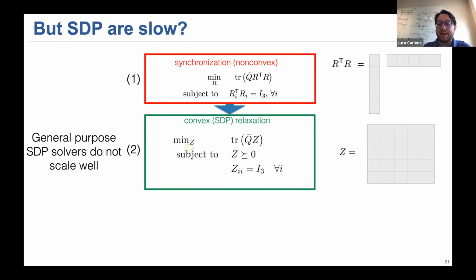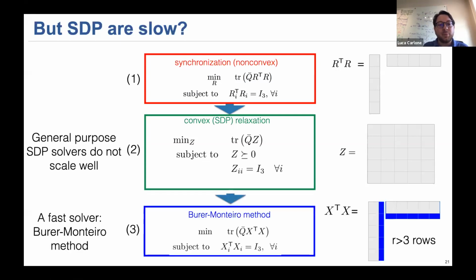And if you look back into the literature on convex optimization, it turns out that Burer and Monteiro back in 2003 said that a good way to solve this kind of optimization problem is to replace the Z with a product, X transpose X, and try to solve this problem locally instead. After you replace Z with X transpose X, the positive semi-definite constraint becomes redundant and you remove it, and these constraints can be written in terms of X transpose X.